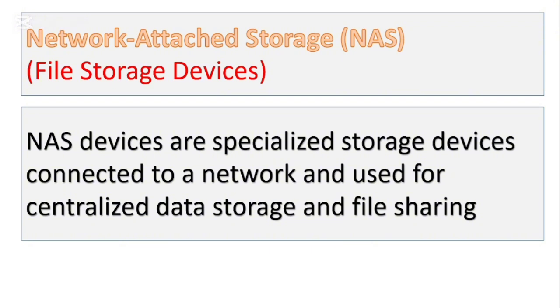So it works like a centralized file server that can be accessed using a LAN, that is your local area network. Okay, good. Now, how does it work? Users access files over the network using standard protocols like NFS for Linux, and we have Windows.